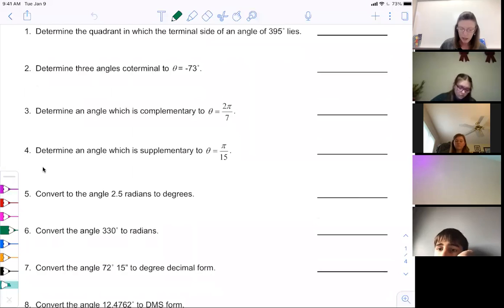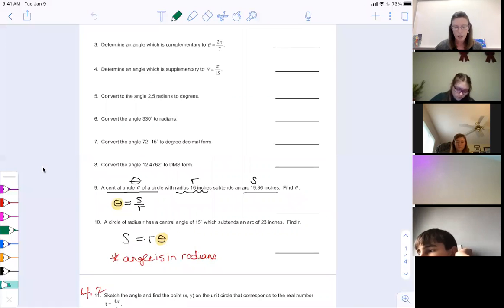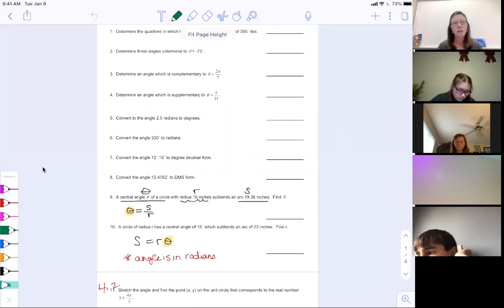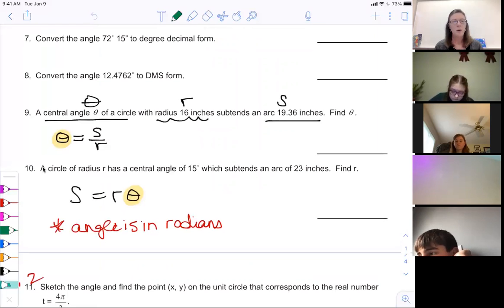So the first page here is section 4.1. It starts off with drawing an angle, 3 coterminal angles, complementary, supplementary, converting. And then the last 2 questions deal with finding a central angle if you're given a radius and an arc. And I have that information labeled here. Number 10 says you're finding a radius R, they give you an angle, they give you the arc.